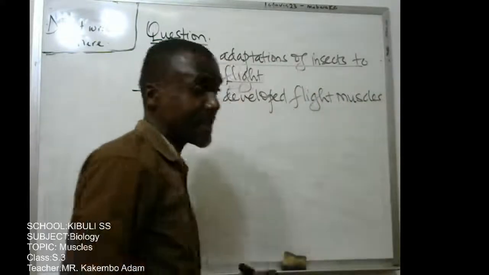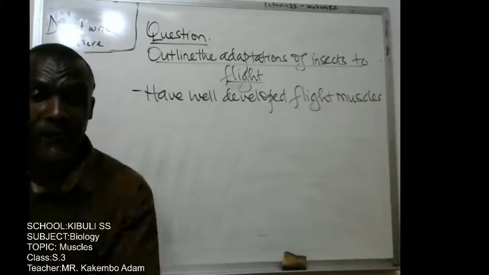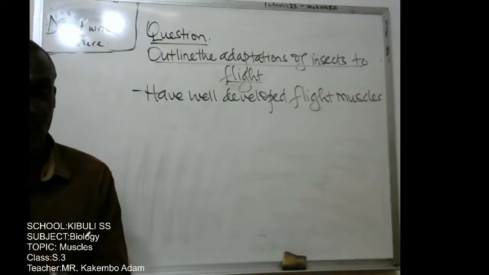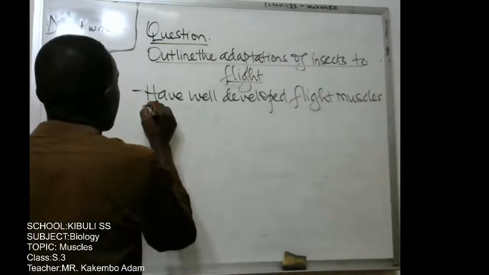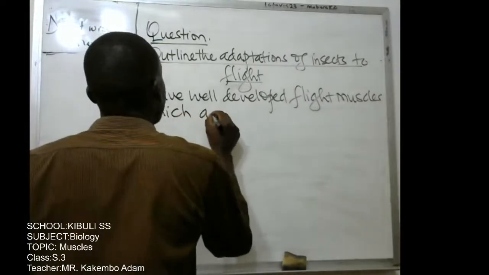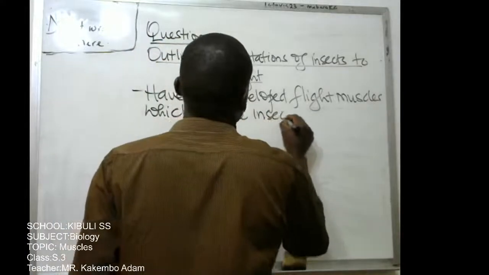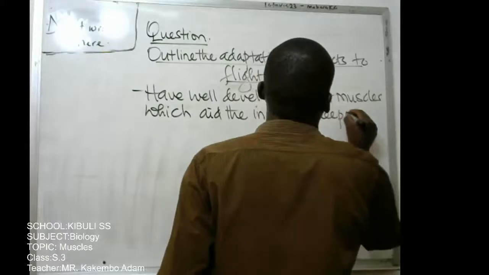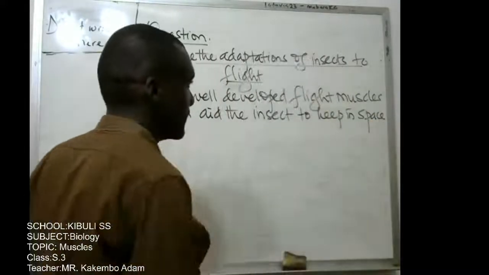But put in mind that we are talking about either indirect flight muscles or direct flight muscles, which aid the insect to keep in space or in flight.